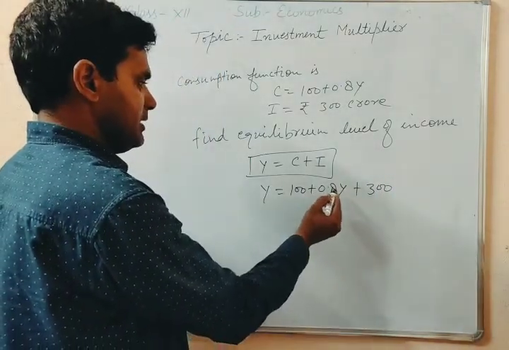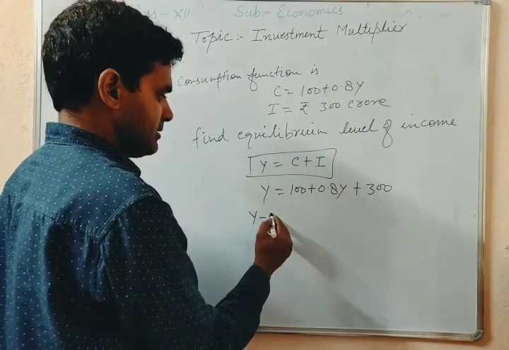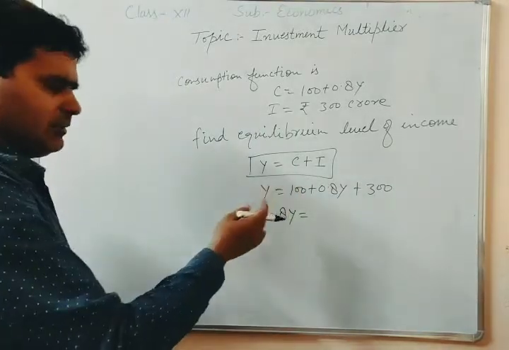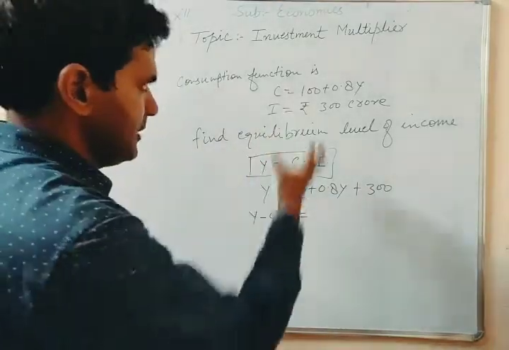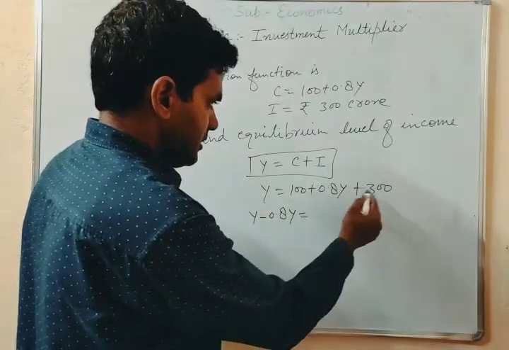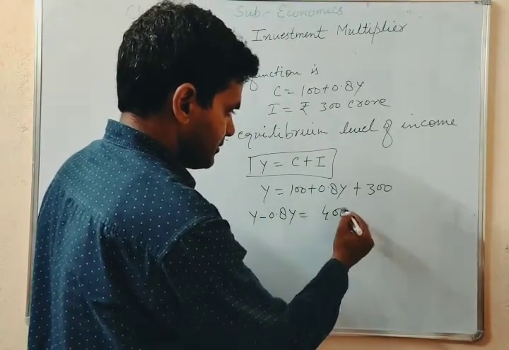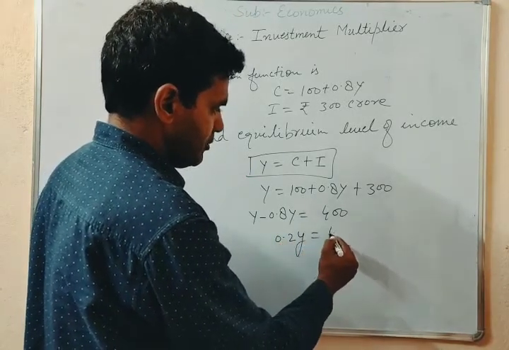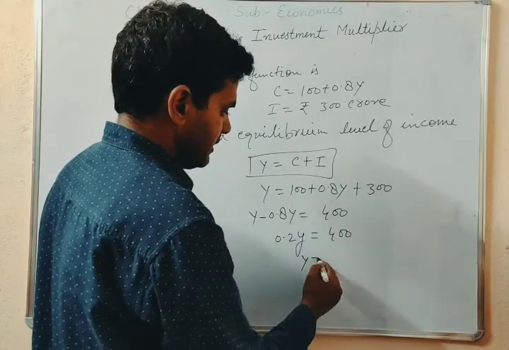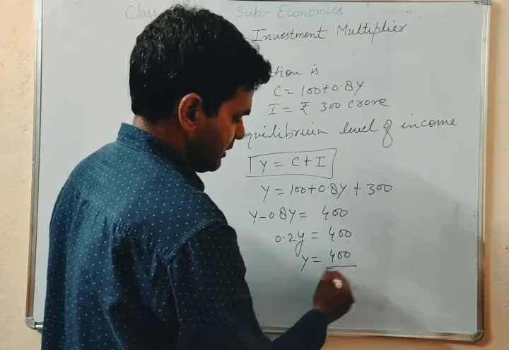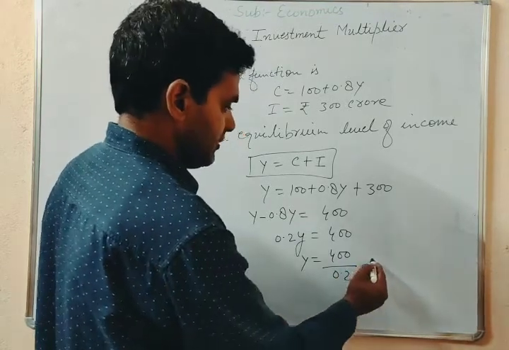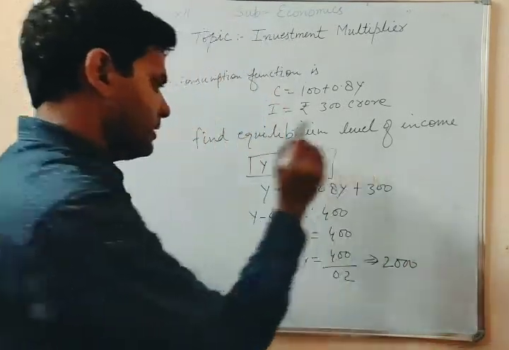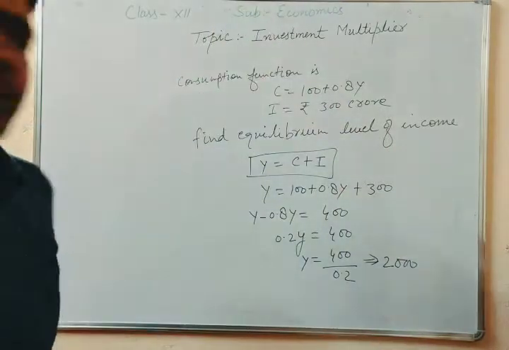Now we carry Y to the left hand side: Y minus 0.8Y, a simple calculation which you have done while dealing with the numericals on determination of income and output. Then we add these together, it becomes 400. Then 0.2Y is equal to 400, Y is equal to 400 divided by 0.2, it becomes 2000. This is the equilibrium level of income of this economy.